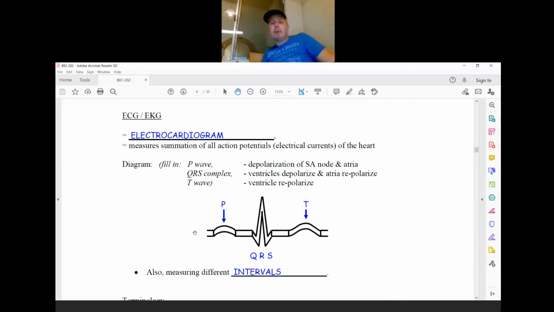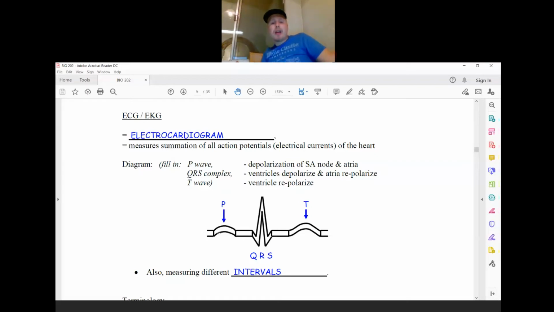So this very simple test, looking at the electrical currents, gives us a lot of information about the condition of the heart. We are looking whether we see these elements, and we're looking at the distances, so time delays, between these elements. And by looking at whether the shape is what we expect it to be, and whether the spaces between these events are what we expect to see, we can tell a lot about how well the heart works.